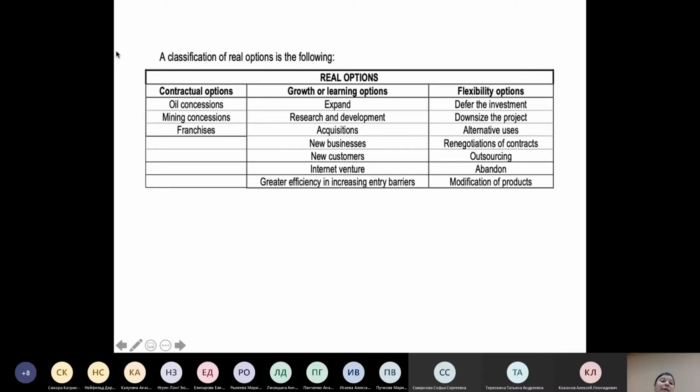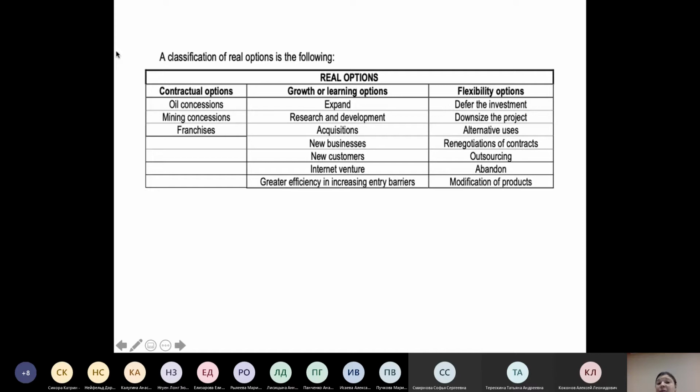Certainly, in my practice, I met a lot of real options in the structure of our oil and gas companies. All licenses, all opportunities to start an investment project in any year, but not later than a defined period of time.